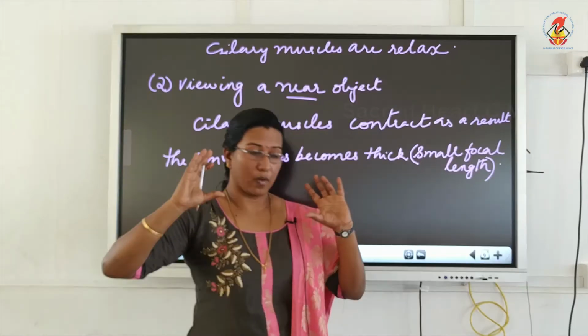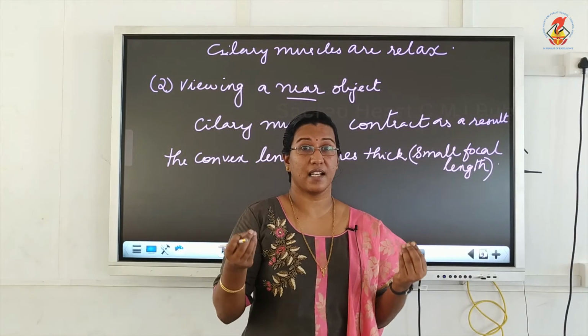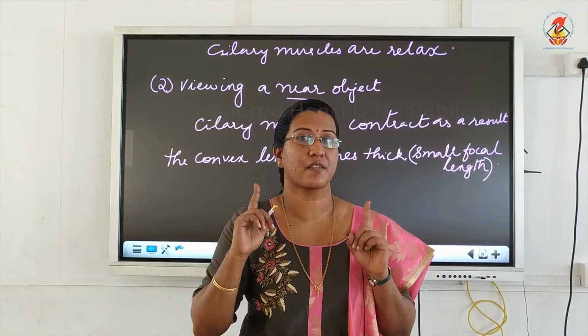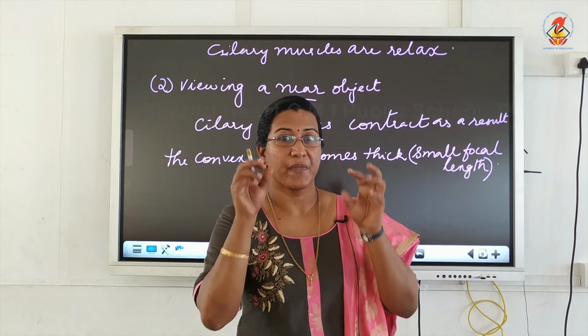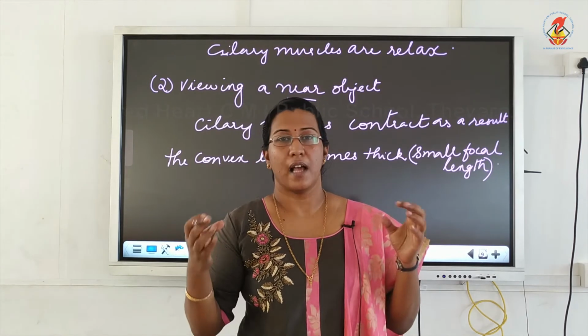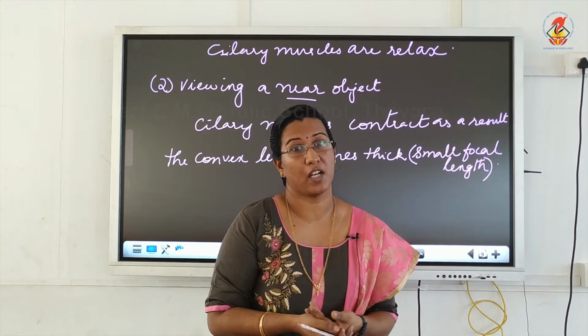So the convex lens, with the help of the ciliary muscles, has the ability to change its focal length depending upon the distance of the object, and this property is known as accommodation.